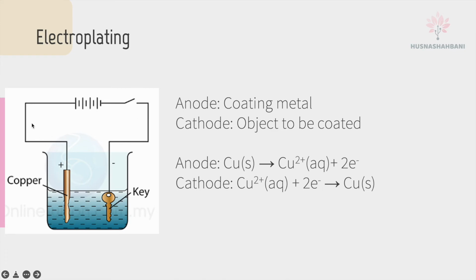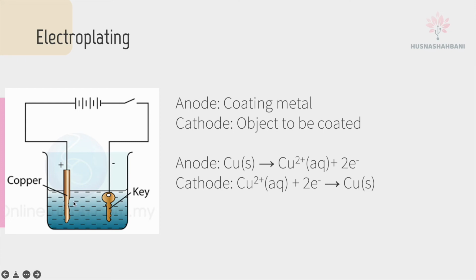And then the electrons flow and are gained by the cathode, the key here. At the cathode, in this solution, we use copper sulfate solution. We use a solution that has the ion of the coating metal.